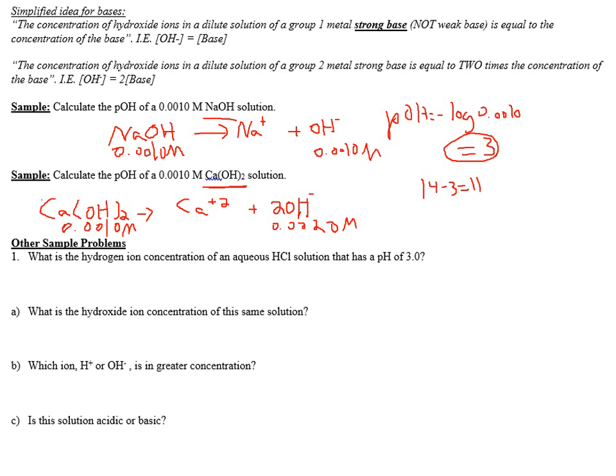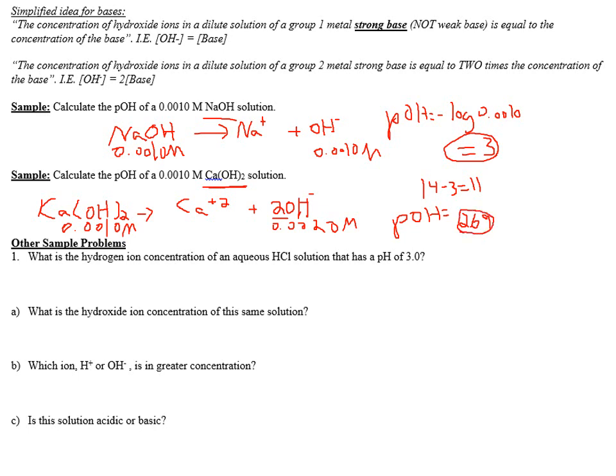So to do your pOH, you'll do your negative log of that hydroxide concentration, the negative log of 0.0020, and you get 2.69. And that makes sense. It is more basic than the pOH of 3. A lower pOH means you're more basic.